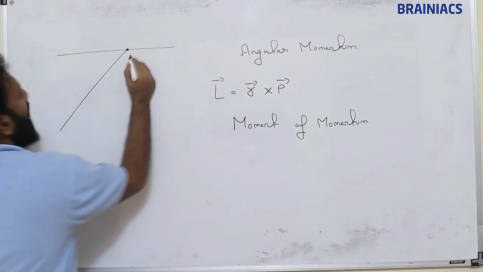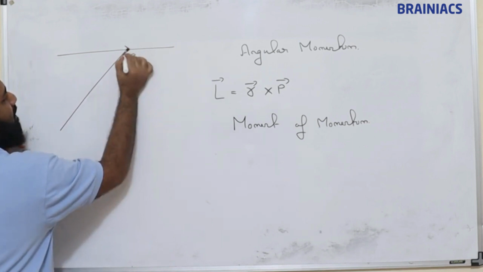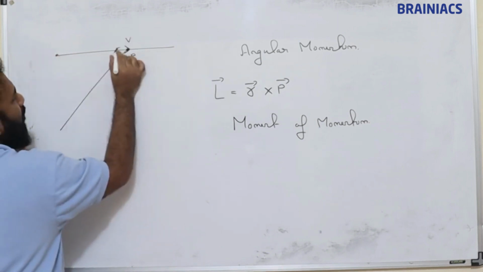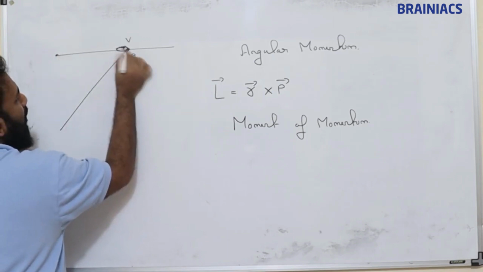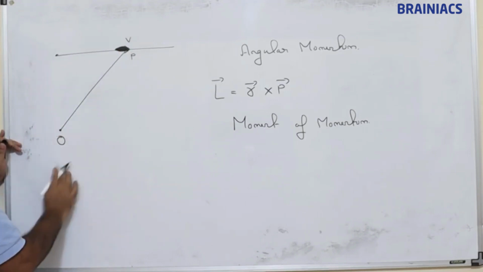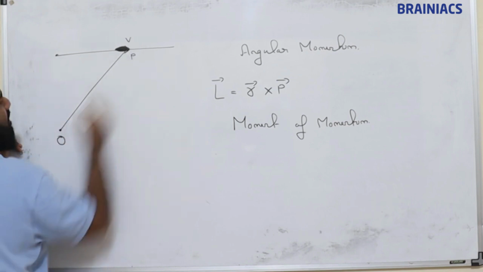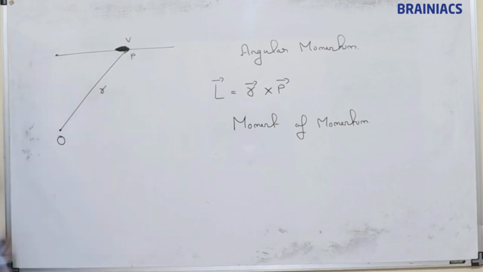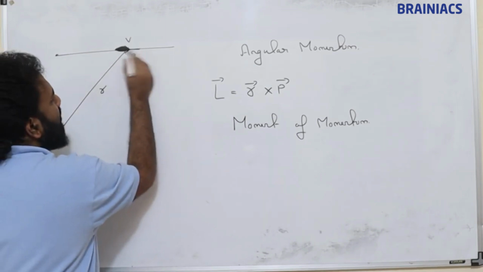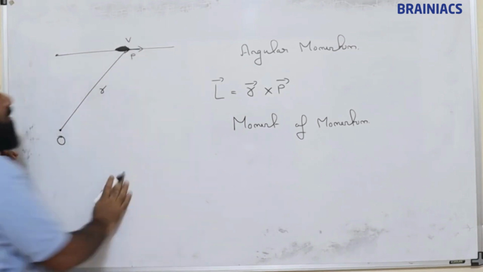This distance is r, and the velocity is in this direction.